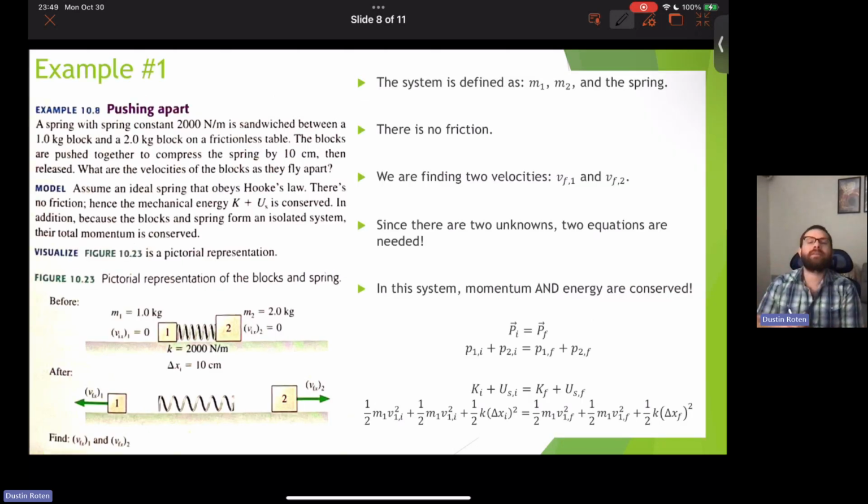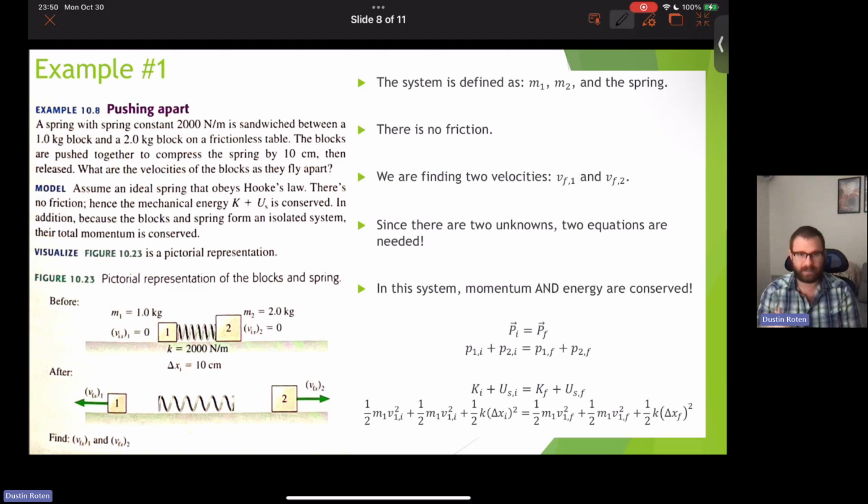So let's put these ideas into motion here, so to speak, and actually solve an example problem. So we have a spring with a spring constant of 2,000 newtons per meter, okay, and it's sandwiched between a 1 kilogram block and a 2 kilogram block on a frictionless table.